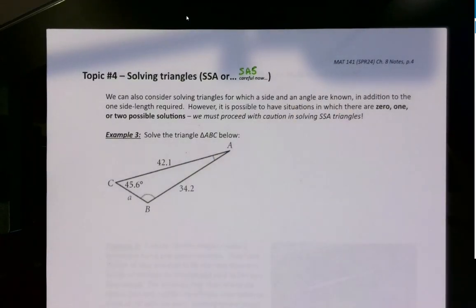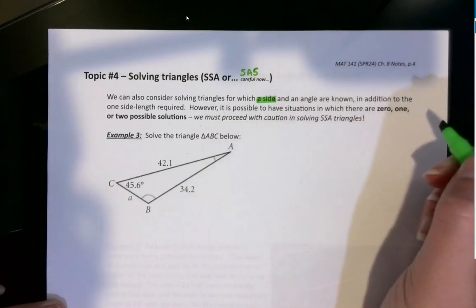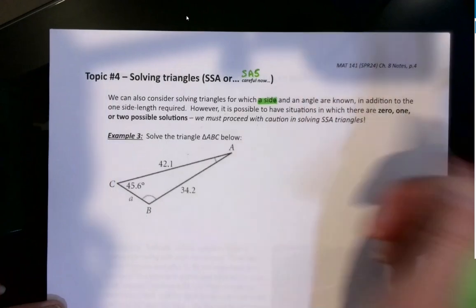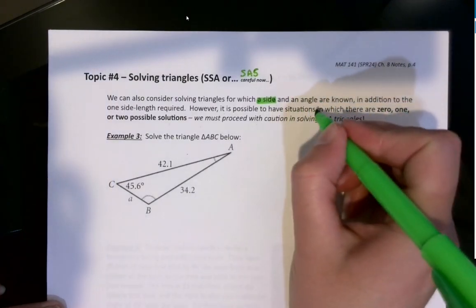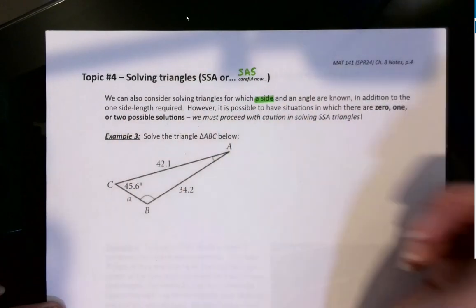One of the things to keep in mind in this situation, unlike the previous where I know two angles and one side: if I already know two angles, there's only one possible answer for the missing angle. We use subtraction, we get our missing angle. If we know a side, consider solving triangles for which a side and an angle are known, in addition to the one side requirement.